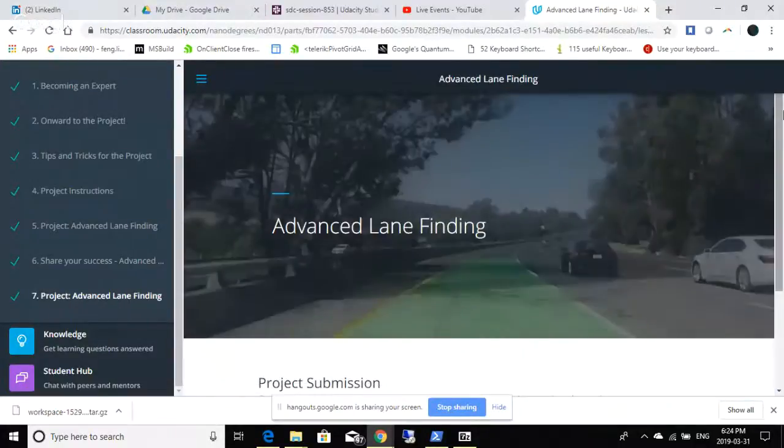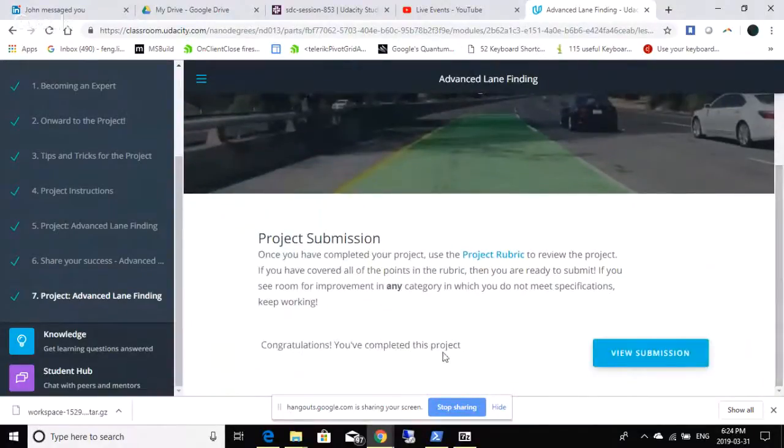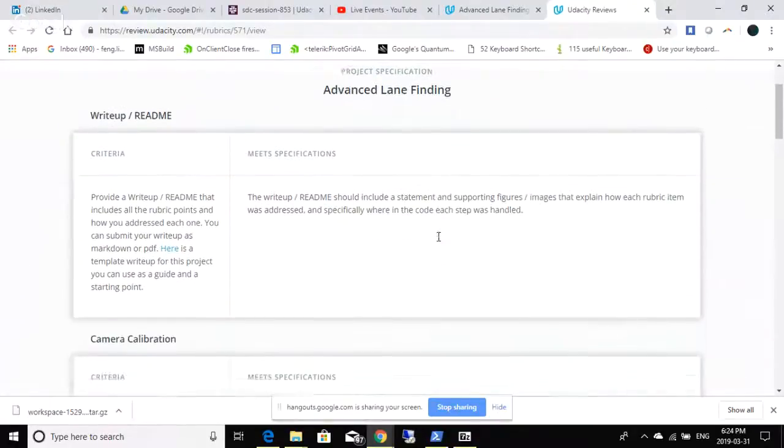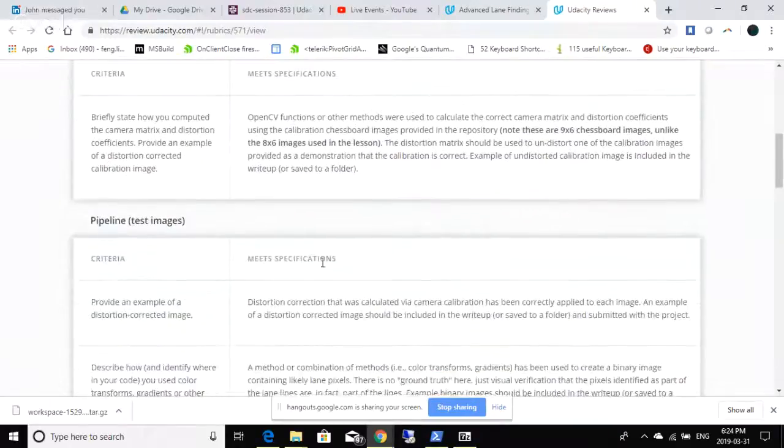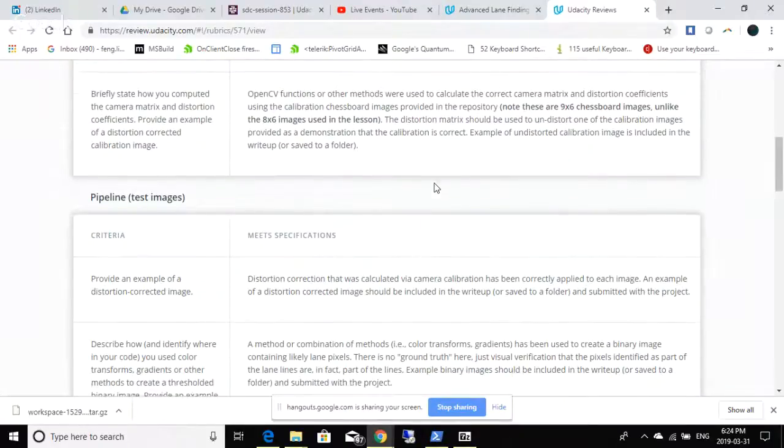Okay, let's go over the project rubric. Operation, basically how you compute images. If I remember, this was a chessboard. Yeah, this is the real deal.